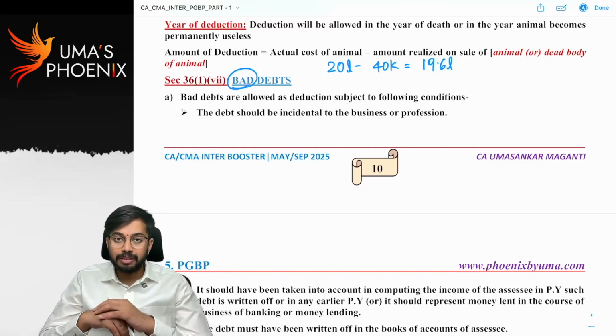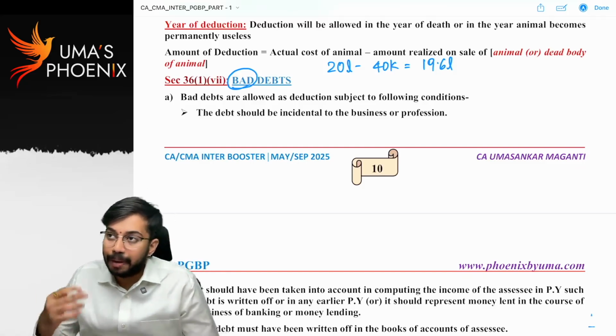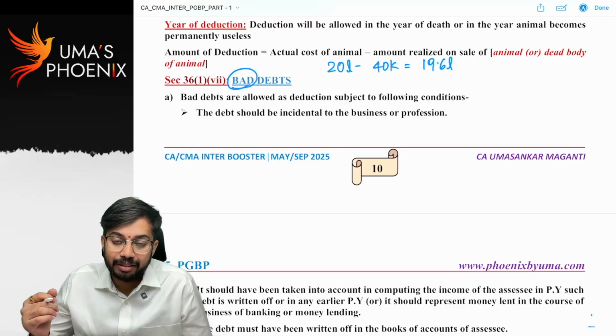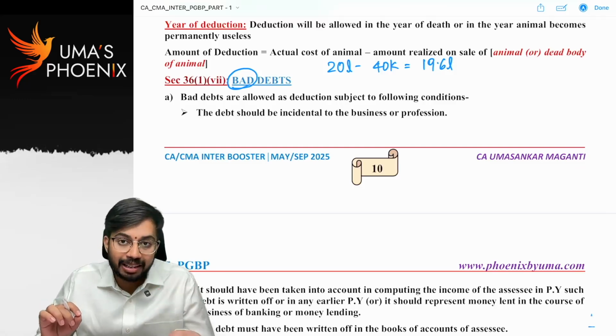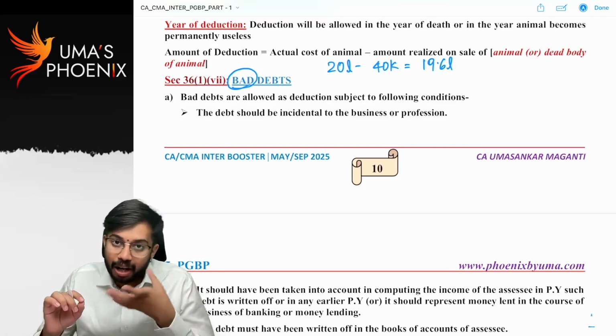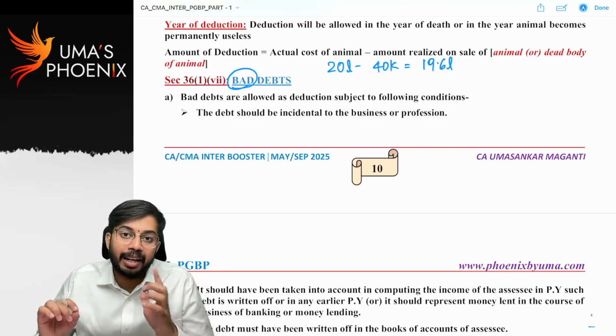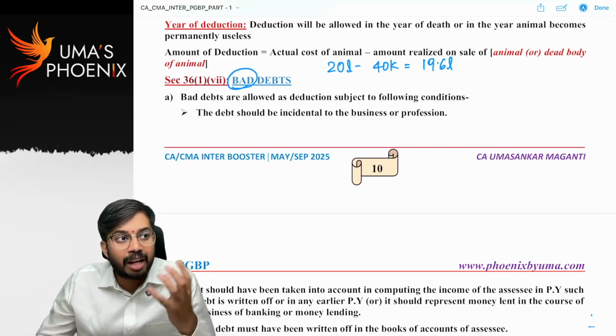What do you mean by this? I sold one plant and machinery. With regard to that plant and machinery, there are bad debts. Those bad debts are not allowed as deduction. Only if income is already recognized and that income is not realized, then only is the bad debt allowed as expenditure. I have done credit sales.